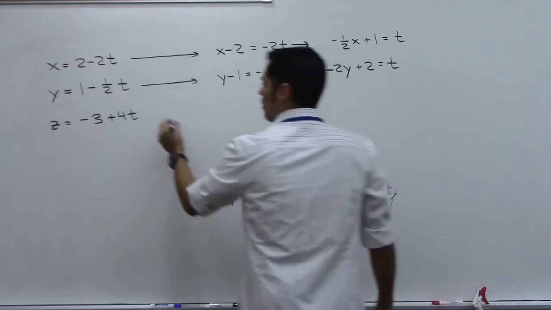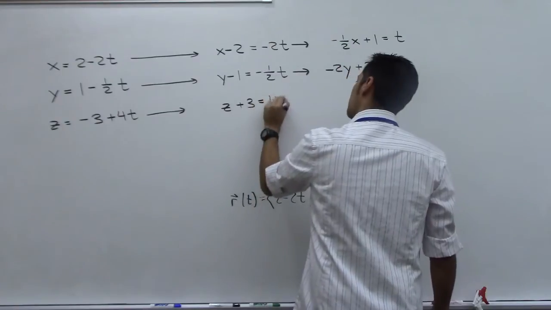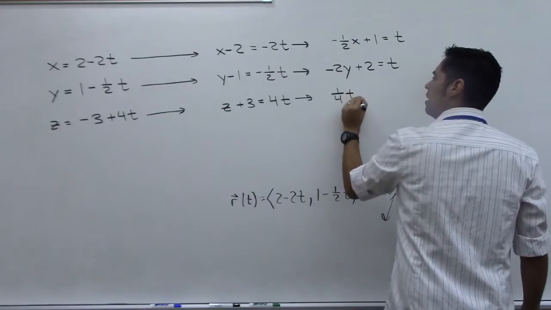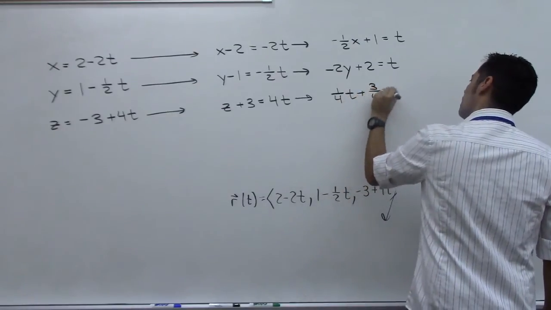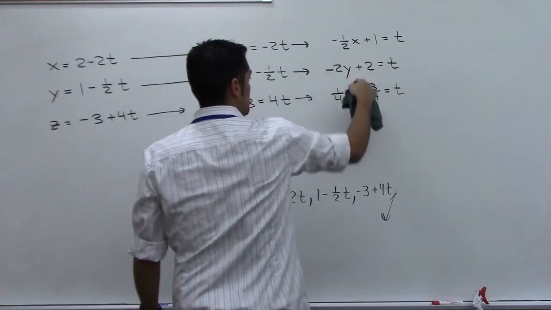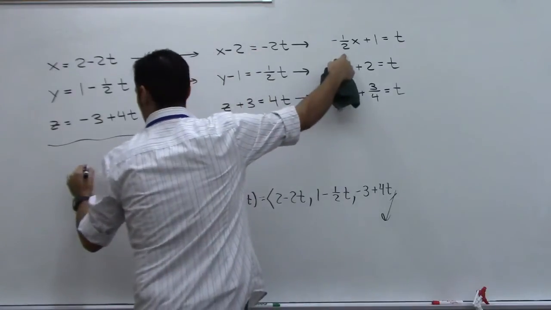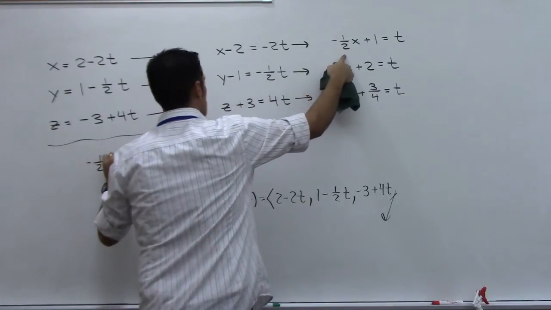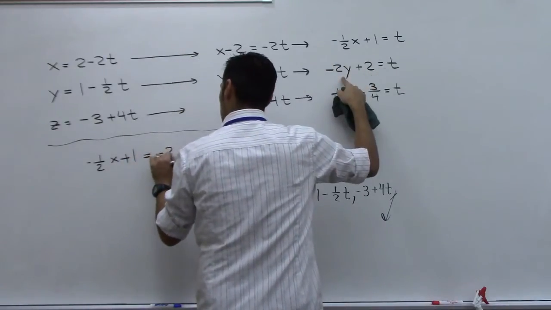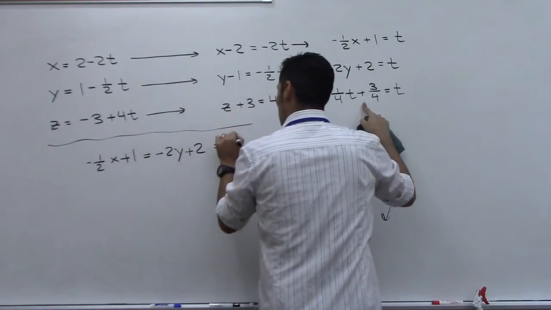And then I'm going to solve this one for t. So z plus 3 equals 4t. Divide by 4, we get 1/4 z plus 3/4 equals t. So since this equals t, this equals t, this equals t, then what I do for my symmetric equations is I write down negative 1/2 x plus 1 must equal this, which is negative 2y plus 2, which must equal 1/4.